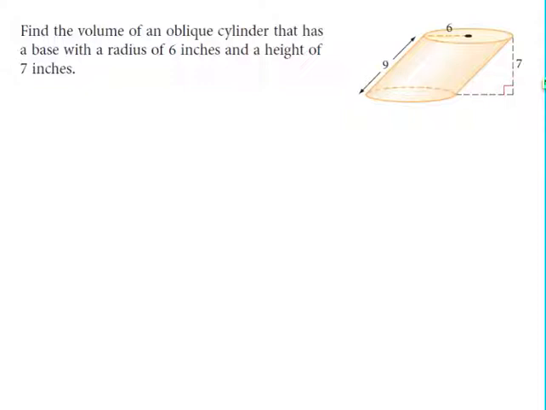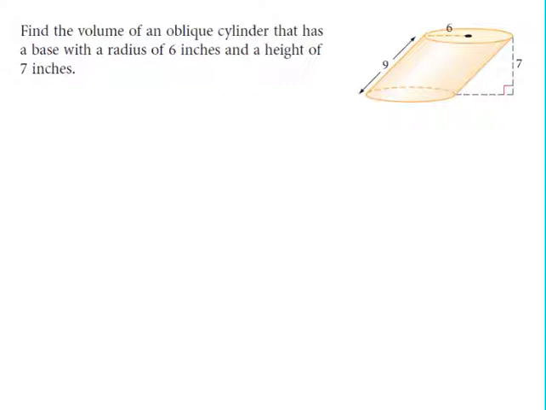Find the volume of an oblique cylinder that has a base with a radius of 6 inches and a height of 7 inches. Let's see what your book says. Find the volume of an oblique cylinder. What do we need to do here? Find the area of the base.